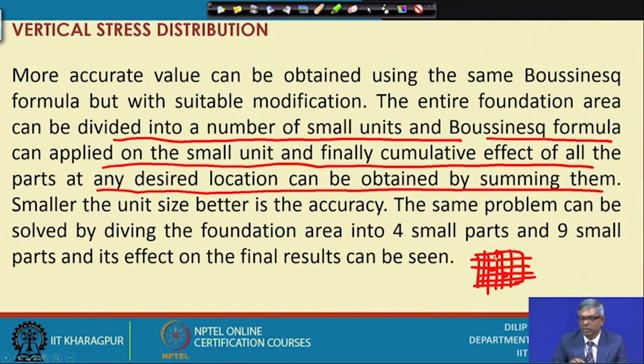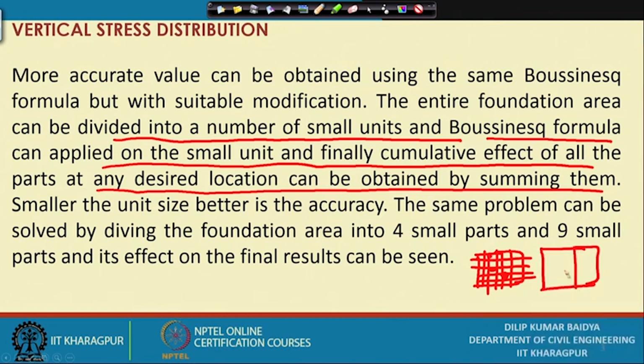Suppose I have divided like this, and I want to find the effect of this part here. So, this becomes r, this area into q will be the capital Q, and whatever z is given, that z can be used.